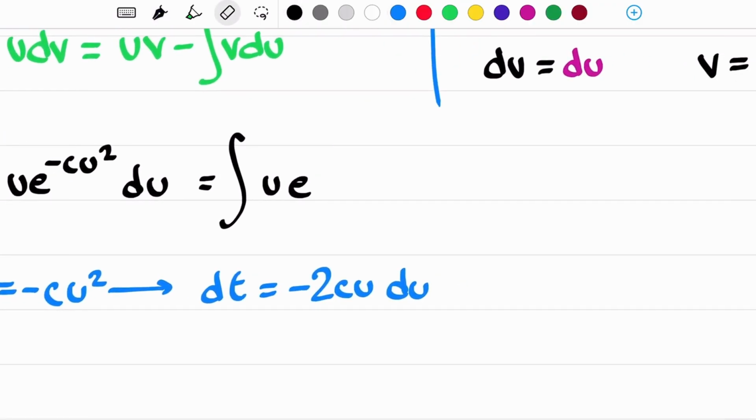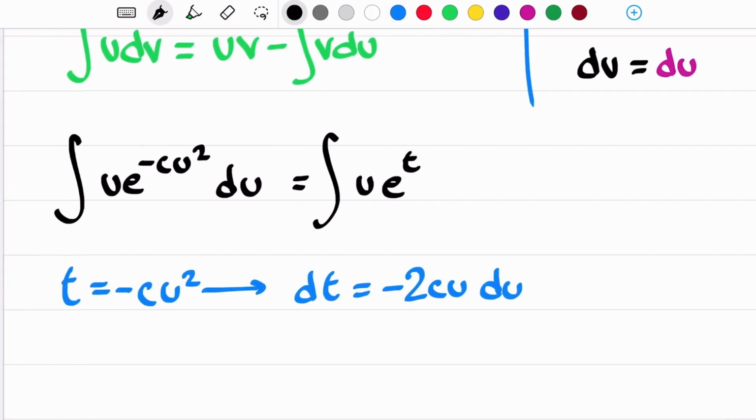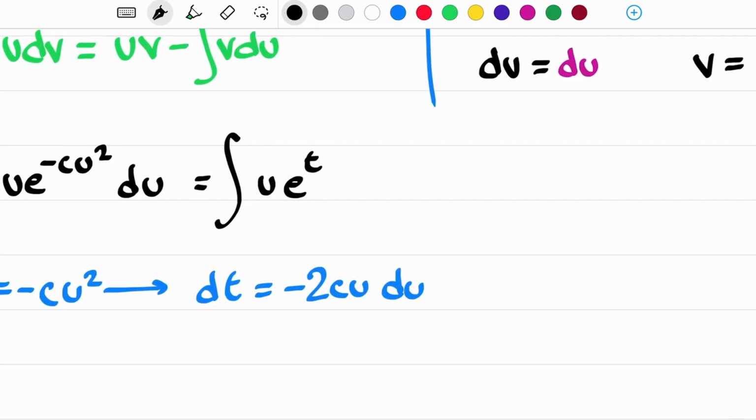But yeah, we have an e to the t. And then du is going to be dt divided by negative 2cu. And these u's, of course, cancel. This is why I picked this as our dv.